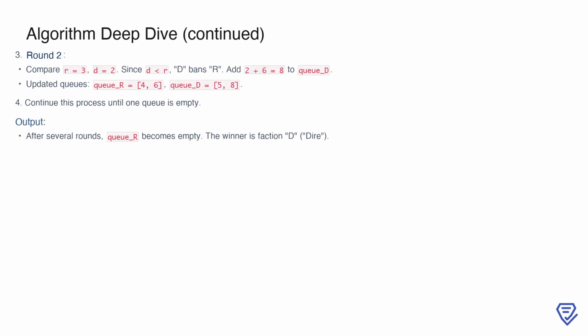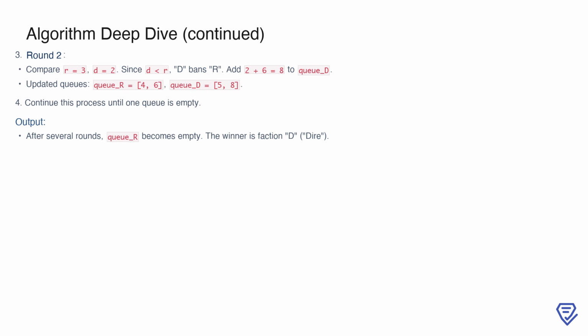In the second round, we compare the next indices, r equals 3 from q_r and d equals 2 from q_d. This time, since d is less than r, the dire senator at index 2 bans the radiant senator at index 3. The dire senator's updated index, 2 plus 6 equals 8, is added back to q_d. The queues are now updated to q_r equals 4, 6, and q_d equals 5, 8.